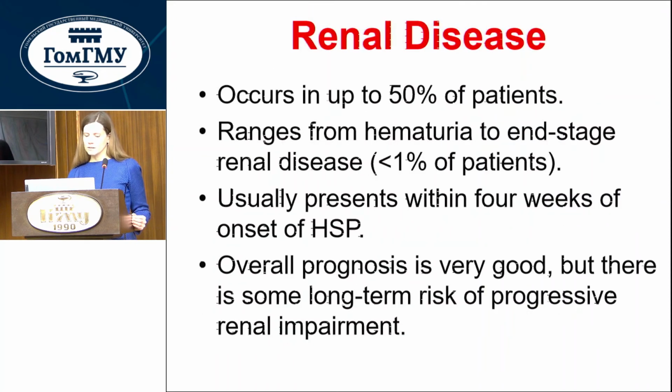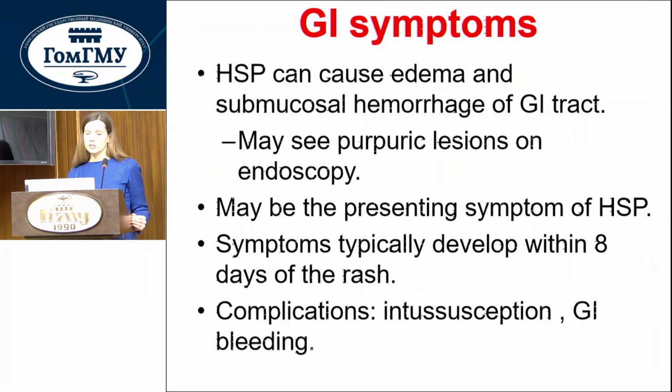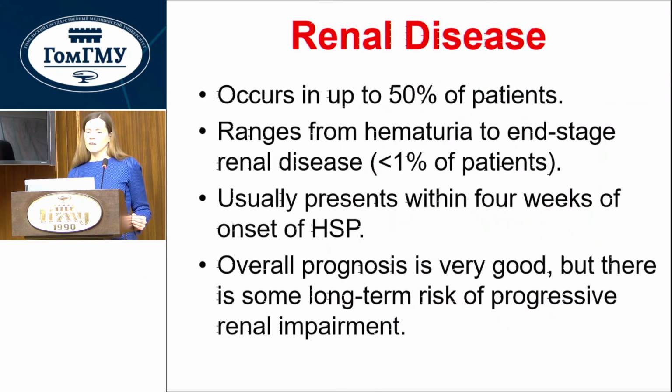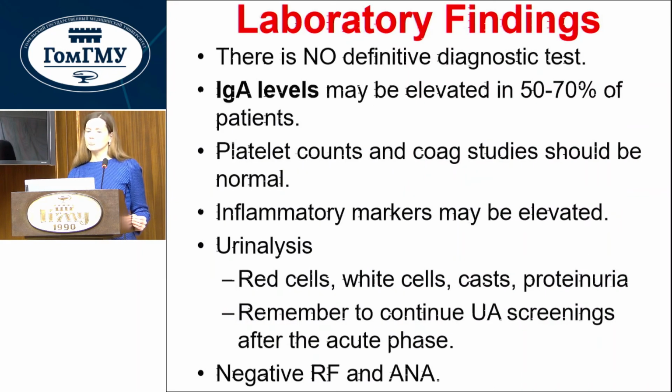And sometimes we have surgical complications, gastrointestinal bleeding and damage of the gastrointestinal tract, and renal disorders also may appear later. 50% of patients have renal disorders, usually presenting with glomerulonephritis, and the prognosis is poor when we have renal involvement.